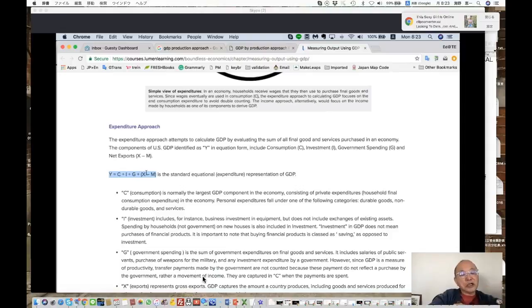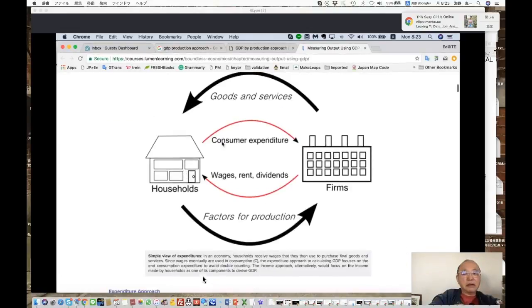So it means for C, we need to add up wages, rent, and profit, including C. C is consumption that is enabled by profit, but that's the revenue that's going back from the firms to the household. But this is what we measure.